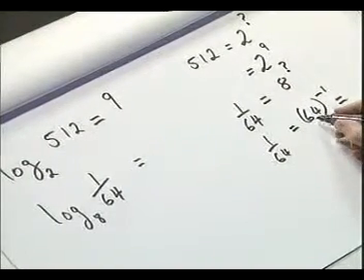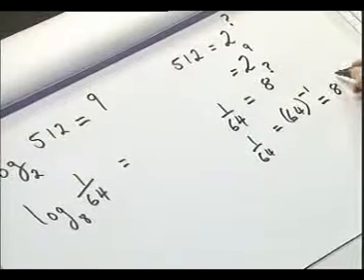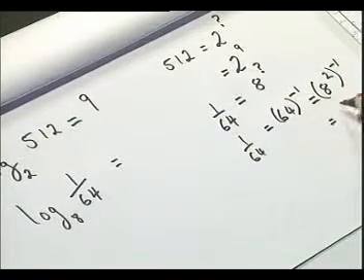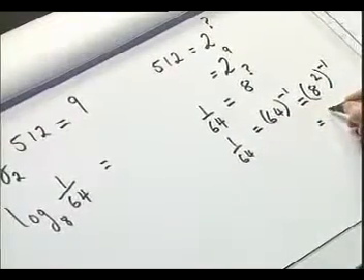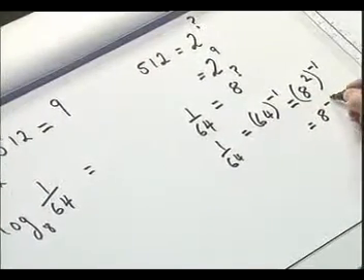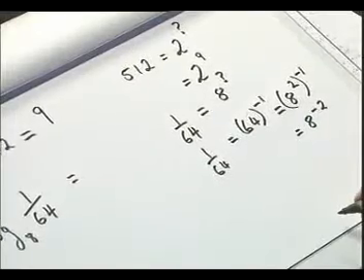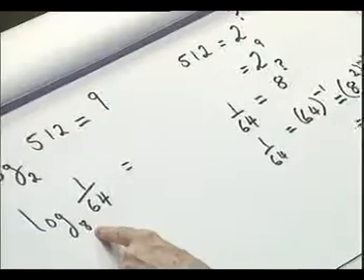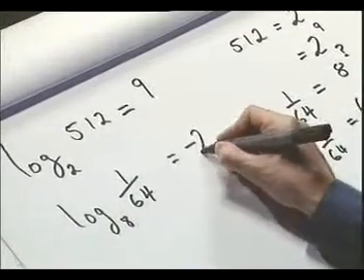We also know that 64 is 8 squared, 8 times 8, and so that tells us that 1 over 64 is 8 to the minus 2. And so the logarithm of 1 over 64 to base 8 is minus 2.